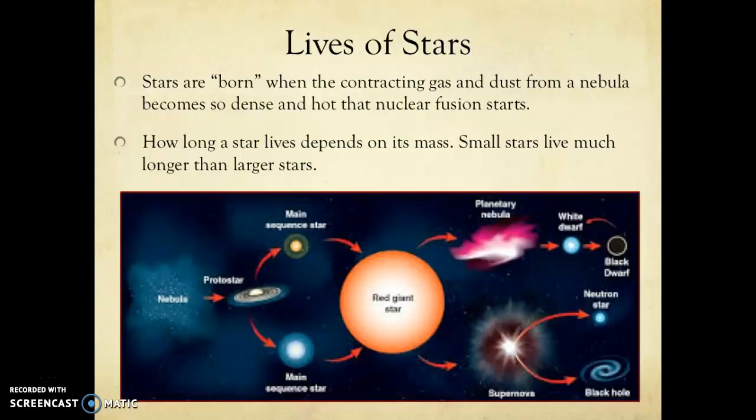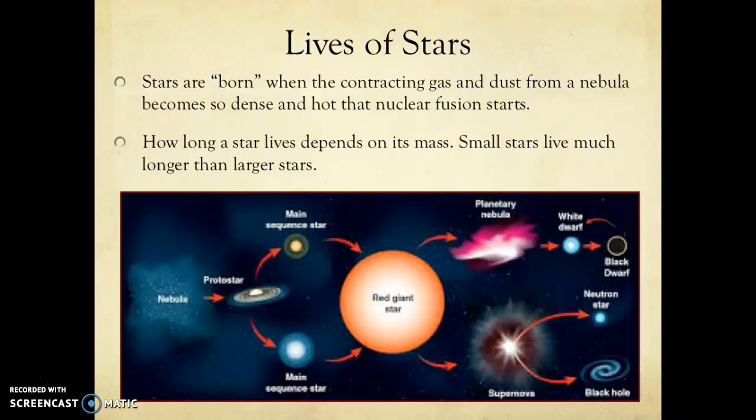Now, some of the parts of this whole process overlap with the process of making a solar system through accretion, which we talked about during our gravity notes. So the first parts of the star cycle, when stars are born, this is the same thing that we talked about again when we discussed accretion in our gravity notes.